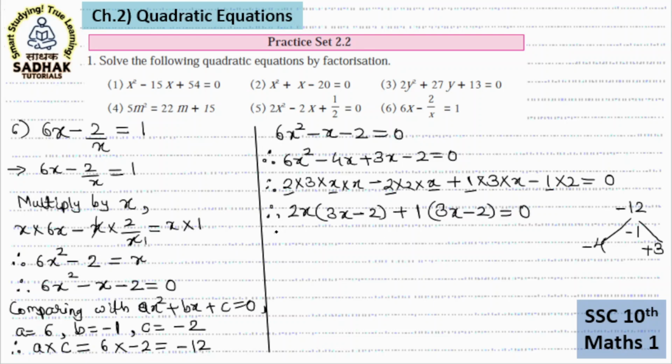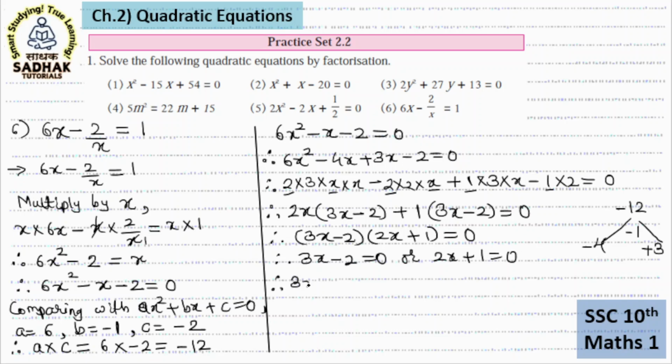So this 3x minus 2 is common, so 3x minus 2 and 2x plus 1 we will put into another bracket is equal to 0. Therefore 3x minus 2 is equal to 0, or 2x plus 1 is equal to 0.